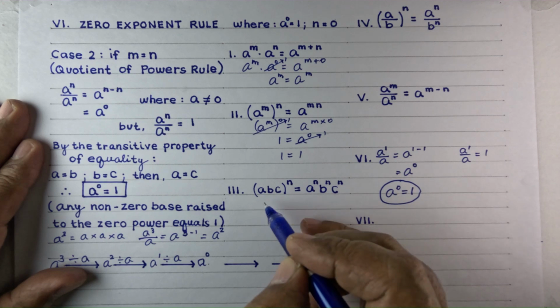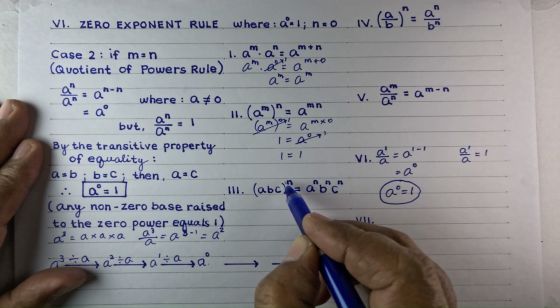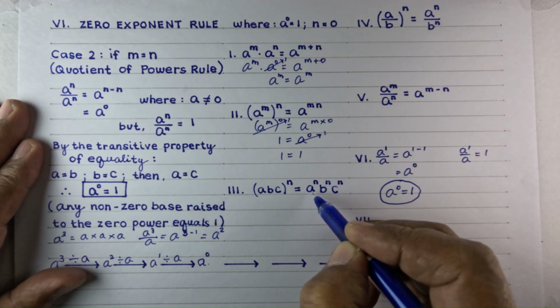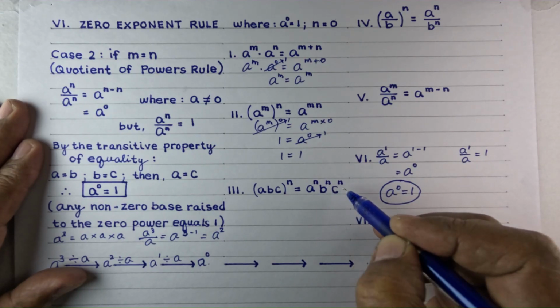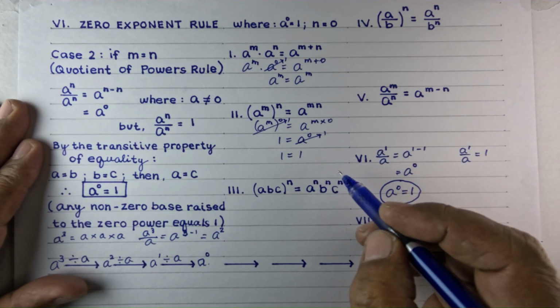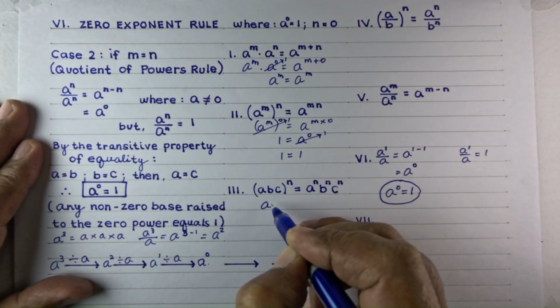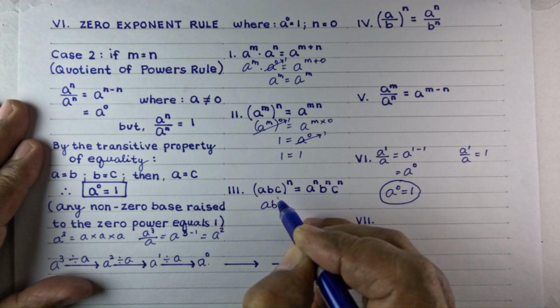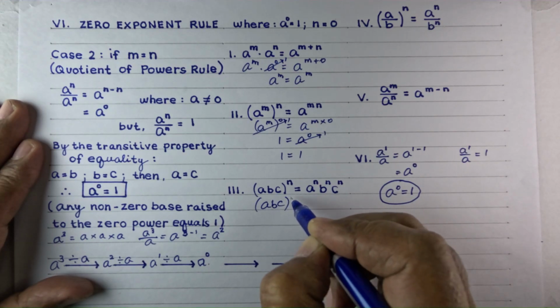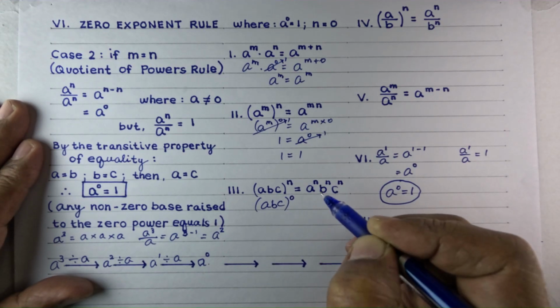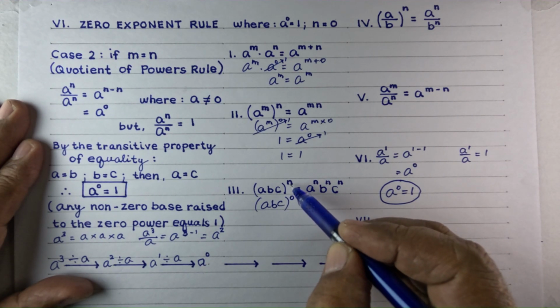So the product ABC quantity raised to the n power equals a to the n times b to the n times c to the n power. So this becomes now the product ABC raised to the 0 power, because they set n equals 0.